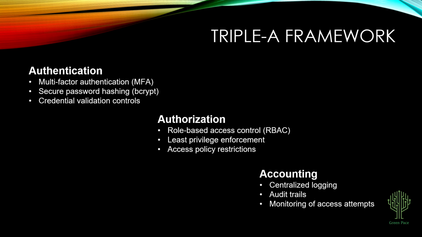Centralized logging and audit trails allow the organization to detect suspicious behavior, monitor access attempts, and support incident responses if a breach occurs. Together, these three elements create a structured access control system that supports defense in depth and reduces both external and insider threats.